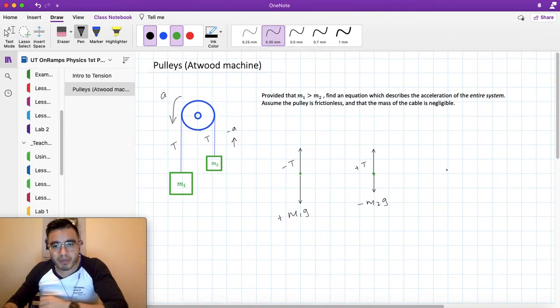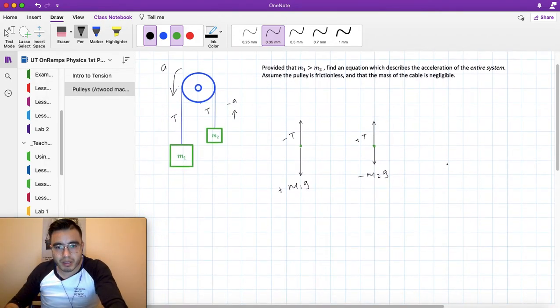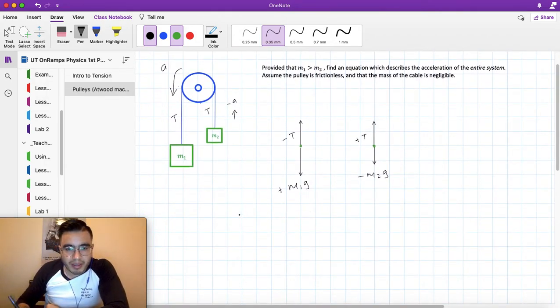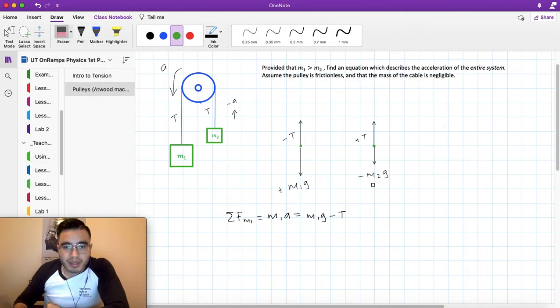Now let's sum the forces. So we have that the summation of the forces acting on mass 1 will be equal to mass 1 times an acceleration because there's motion, right? And that'll be m1 times acceleration due to gravity minus the tension. This is where the plus or minus signs are going to be very helpful.